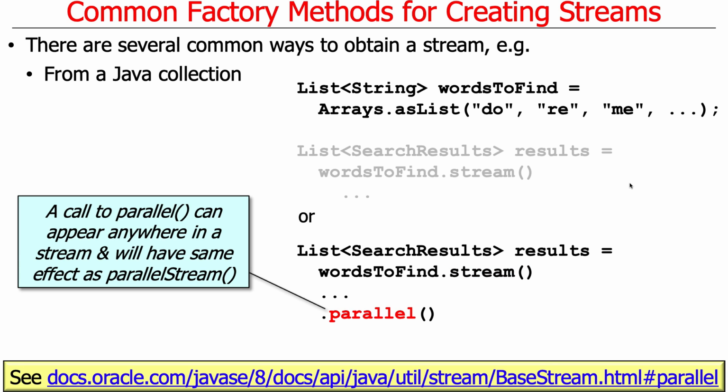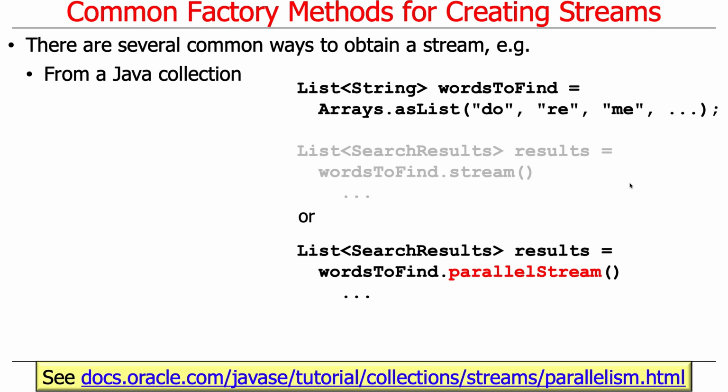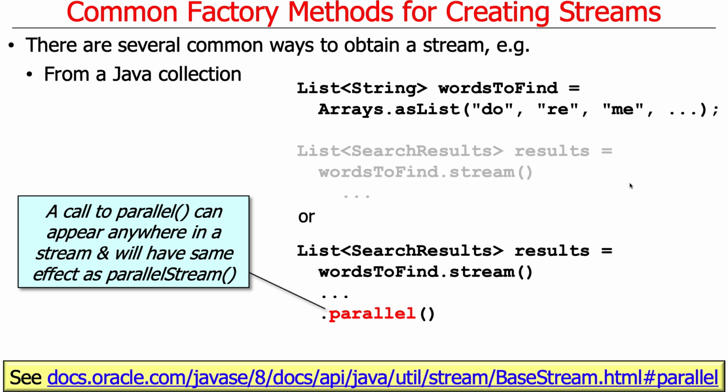Now, you might ask, why on earth would you ever need to use this approach versus that approach? The reason for this will become more clear later. But by using the .parallel approach, you can conditionally convert a stream to run in parallel. If you use .stream or .parallelStream, the stream will be sequential or parallel. But using this approach, you can actually conditionally decide to make a stream run in parallel or not.